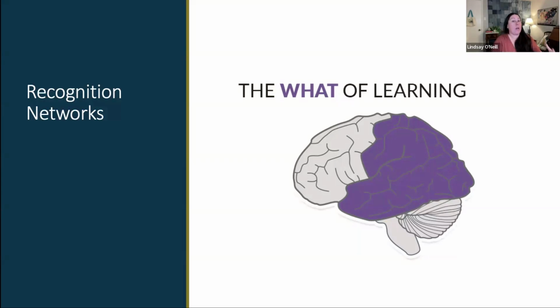So one way you can help people use their recognition networks to their fullest, even with their variability in how people's recognition networks work, is you can provide various formats for your content. So you could have a podcast, you could have a video, you could have an article. If they all cover the same content, it doesn't matter which one the learner chooses because they're going to get that same content in the end.